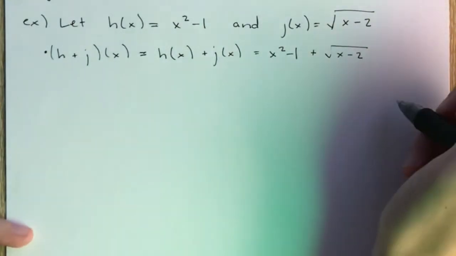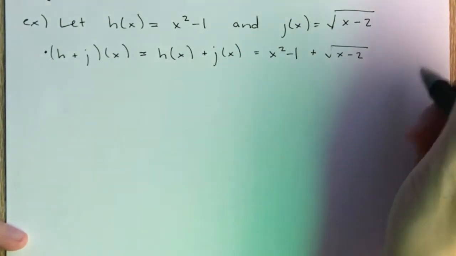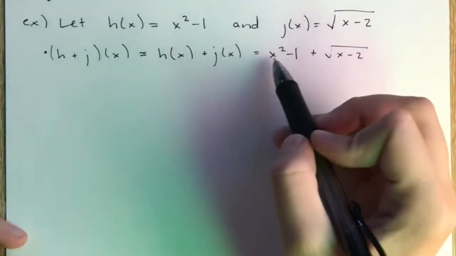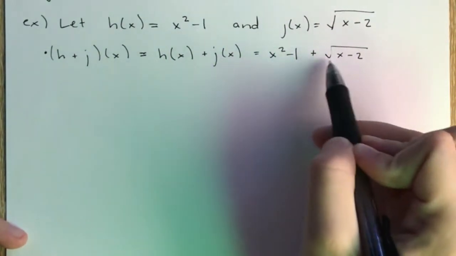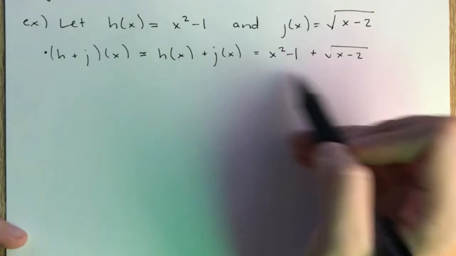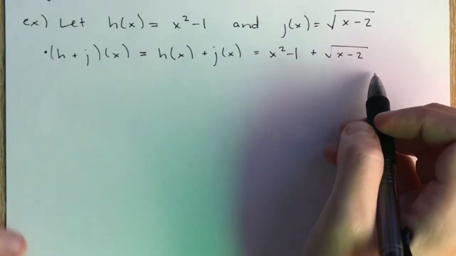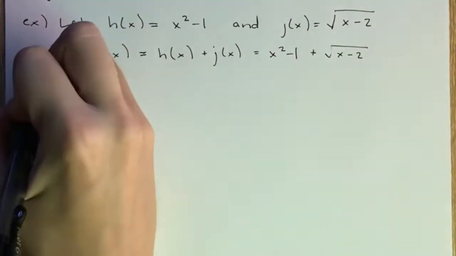Can we simplify here at all? We can't. We have a squared term, we have a constant term, and we have a square root term. So this is as simplified as it's going to get. We can't combine any of these. So this is done.